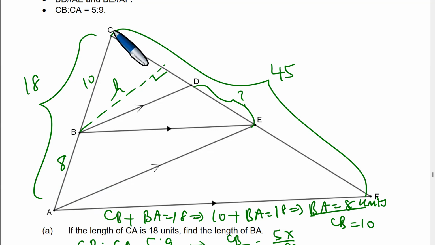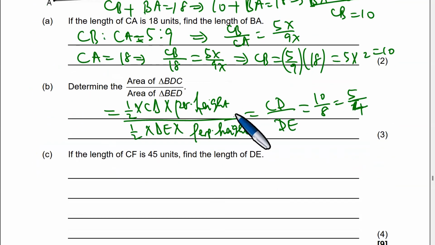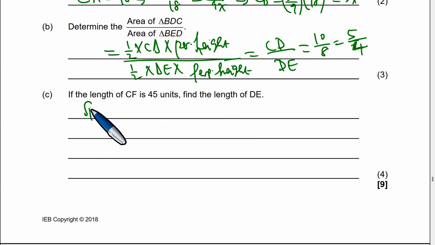So the way to do this, you can split CE into the ratio of 5 to 4, like we saw.